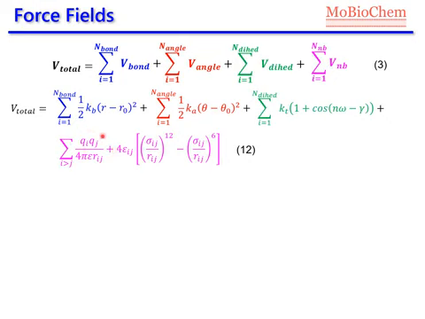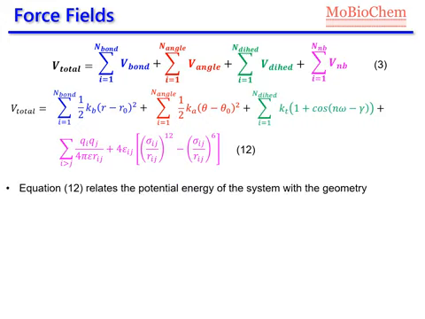Remember that if we use a point charge force field, we don't have polarization, which means that the charges of our atoms are always the same independently of the chemical environment. We also have the Lennard-Jones potential, which reproduces the repulsion between electrons, which is the first term here, and the van der Waals interactions, which is represented by the second term here. So now we have a relatively simple equation, equation 12, which relates the potential energy of our system with internal coordinates, or in other words, with the geometry.